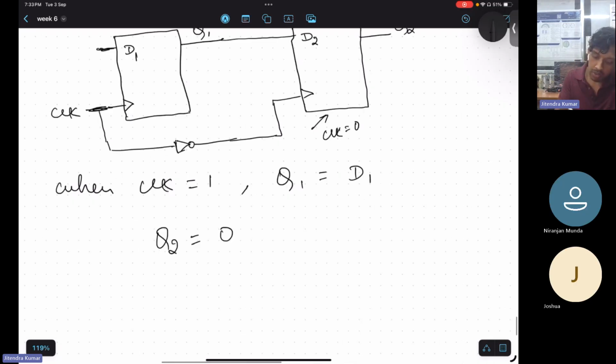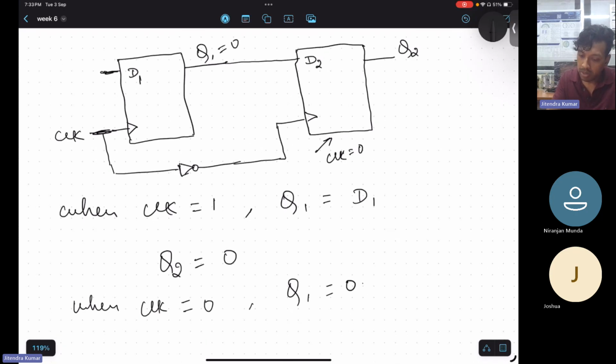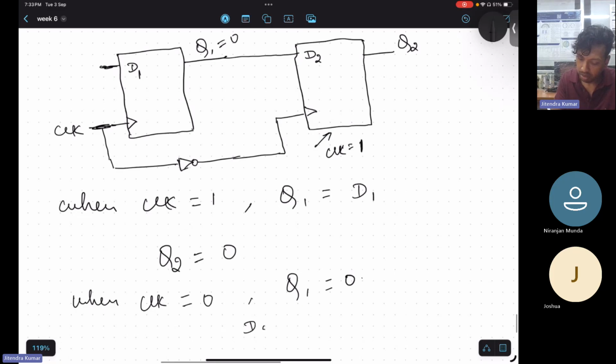And when clock will be 0, Q1 will be 0, okay. Q1 will be 0 and then in the second case this clock will become 1, but since D2 is equal to 0, Q2 also will be 0.